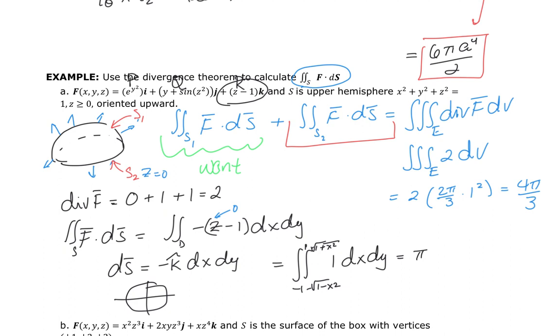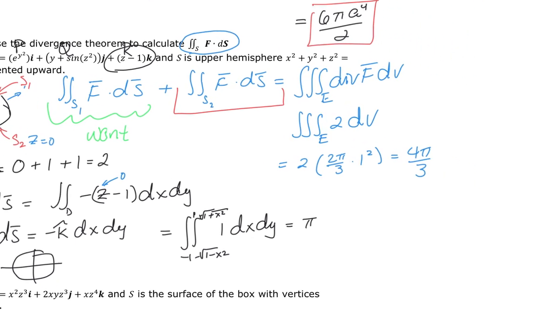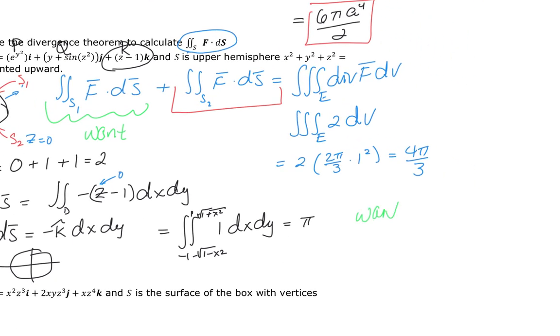Okay, cool. So what my want is, remember, I'm going to come back over here, is to find out what the double integral over the surface of the upper hemisphere of F dotted with dS is equal to.